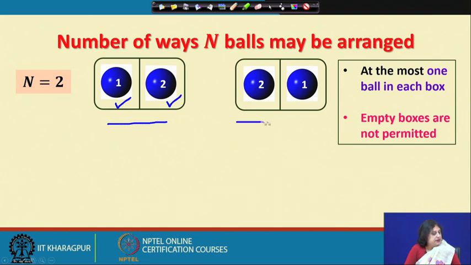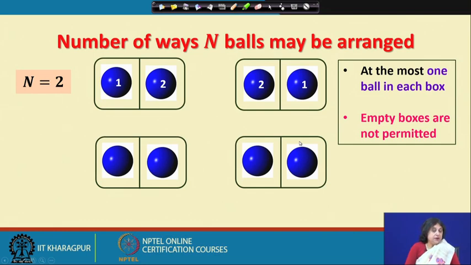In the second arrangement, I have in the left side compartment ball number 2, which was in this case in the right side compartment, and I have placed ball number 1 in the other one. So, it is understood that for capital N equal to 2, under the rules of the game, these are the 2 ways in which the balls can be arranged.